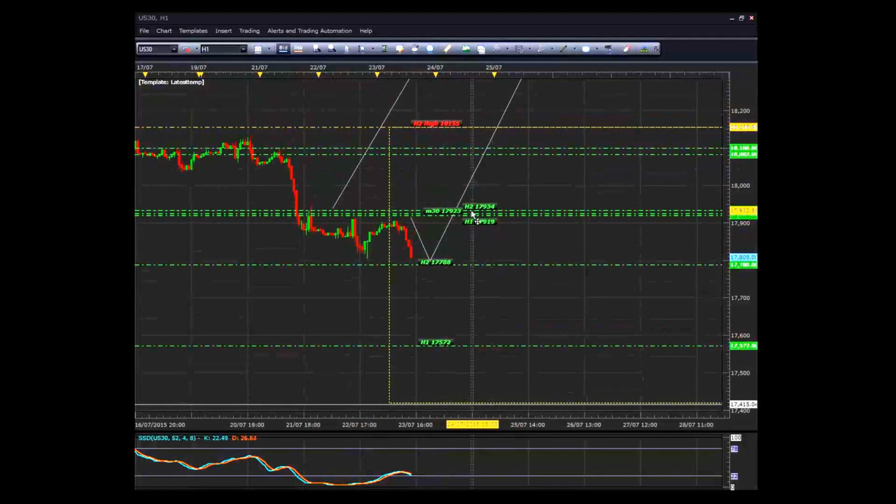However, I've noticed that the PAR identified H2 at 17,934. So what I probably will do is that if price does bounce off the 17,788, I'll take a partial profit at 148 pips. That's at 17,934. Bring the stop up and let the rest run.